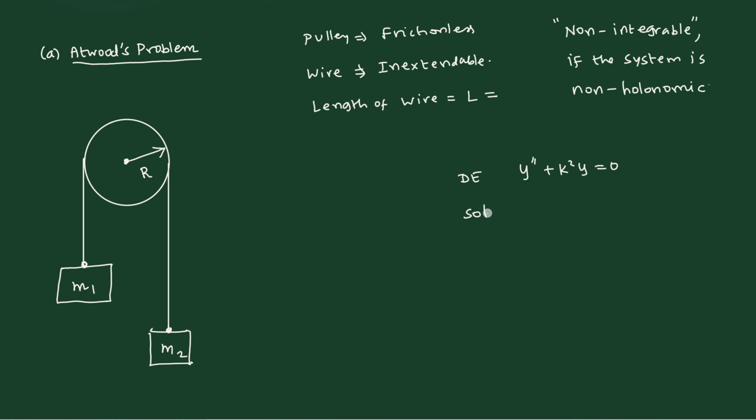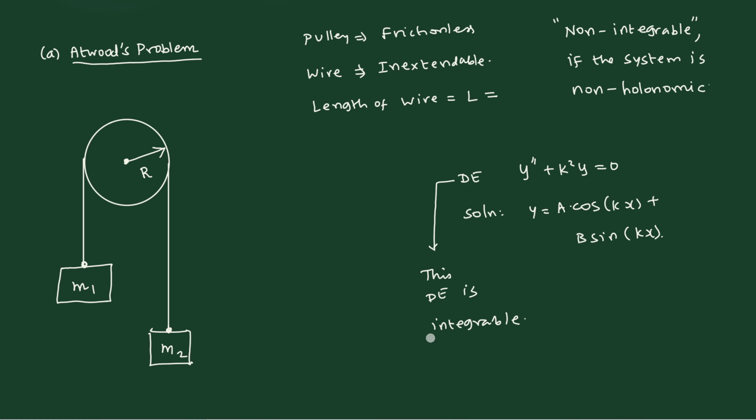And then immediately you do some simple thing and write down that the solutions look like a cos kx plus b sin kx. This is what you do routinely, and you know that this is the solution. Now, the conclusion from here is that we are going to say that this particular differential equation is integrable.